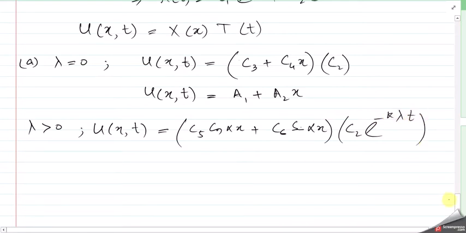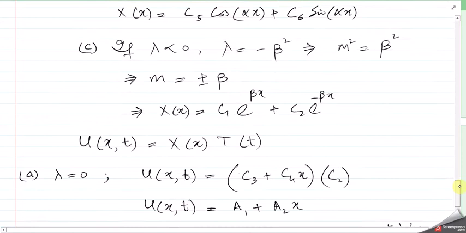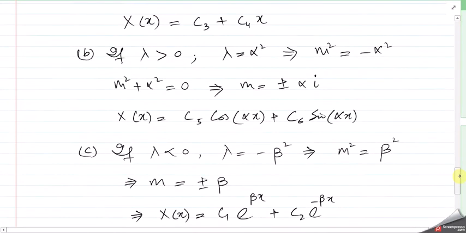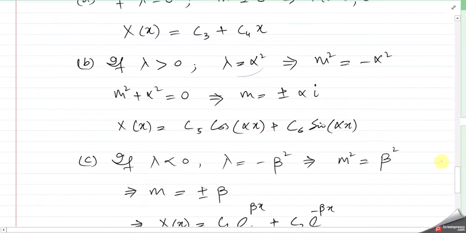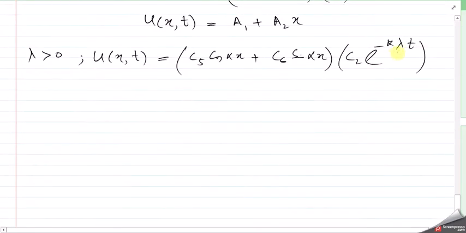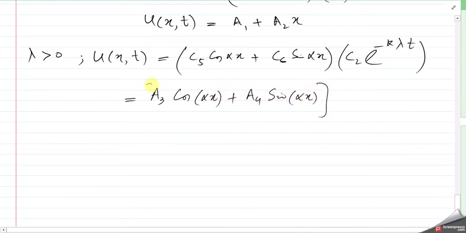If you remember, for lambda greater than 0, we had put lambda equals alpha square, so we will do the same for T's part. This is equal to, I'll rename the constants first of all, a3 cos alpha x plus a4 sine alpha x, into e raised to the power minus k alpha square t.